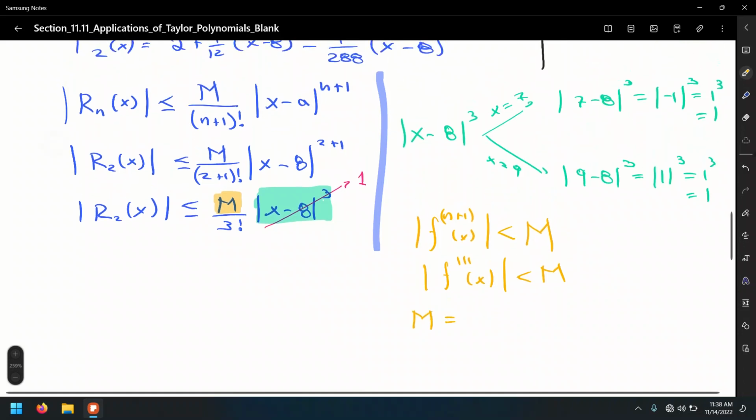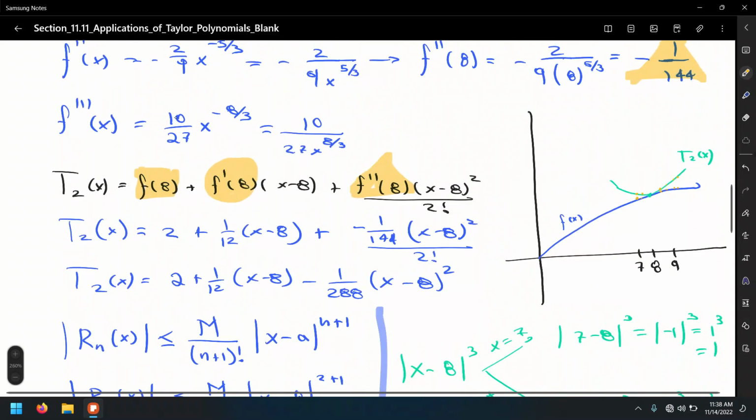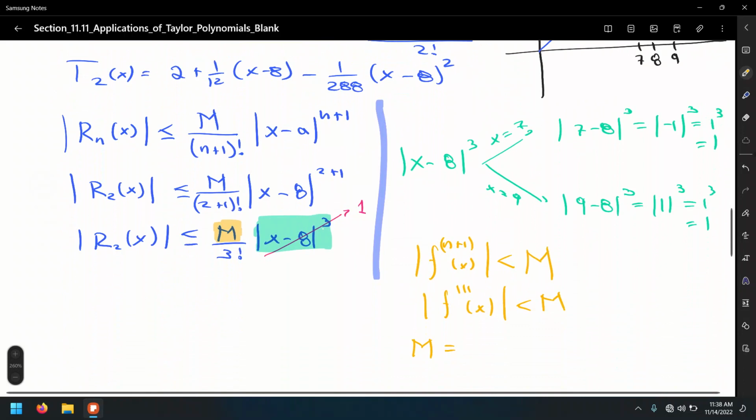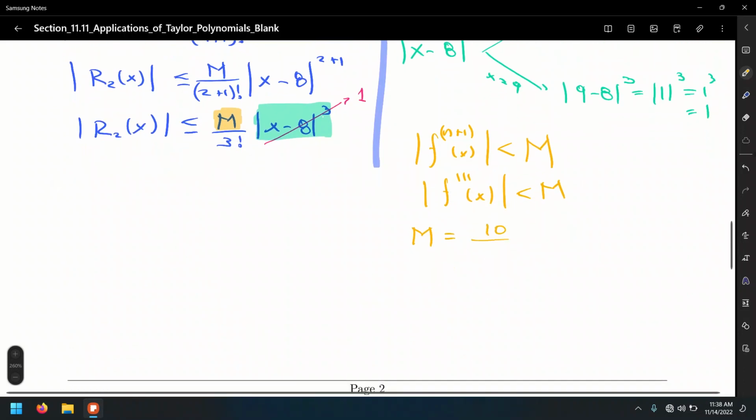Which is the third derivative. So let's go back to what we got for the third derivative. For the third derivative, we got 10 over 27 x to the 8 thirds.